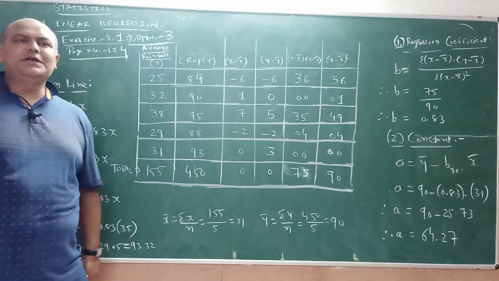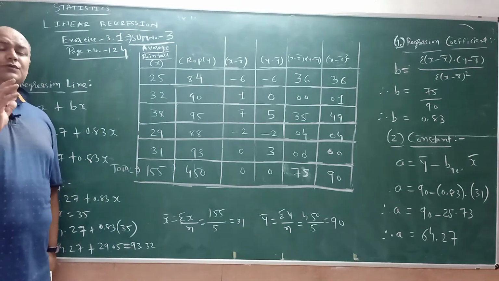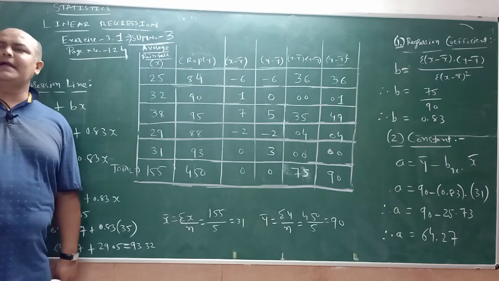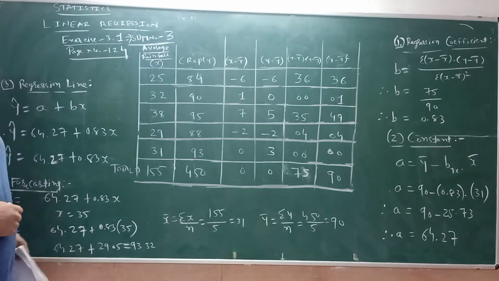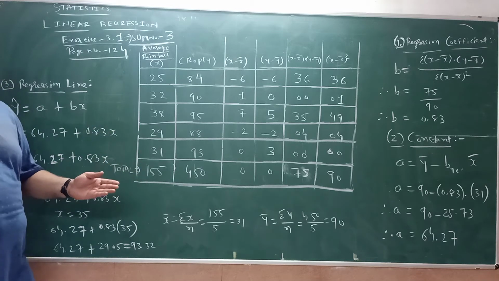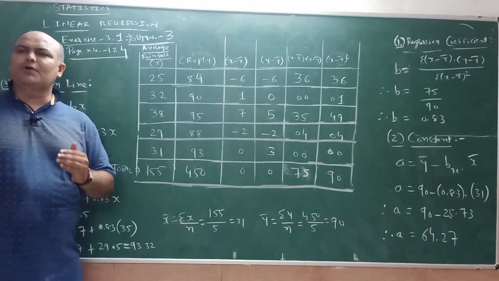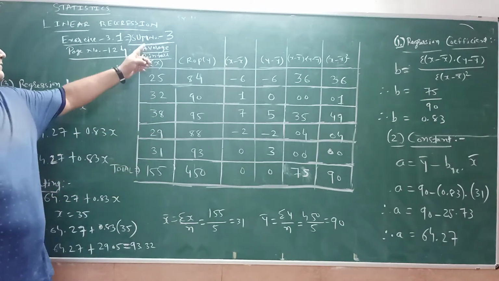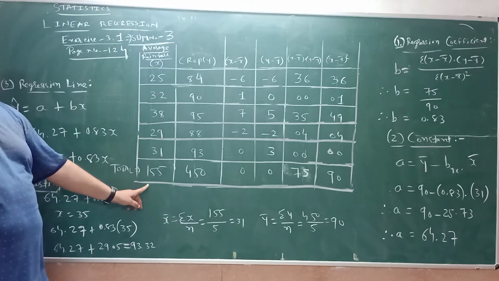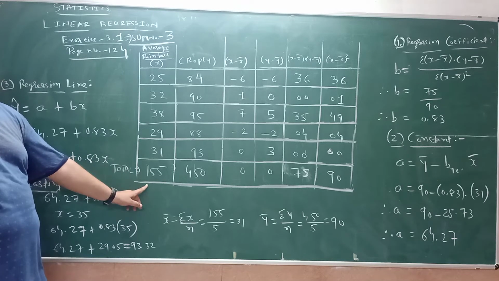Students, what do we have to do first? First of all, we have to find the value of x bar and y bar. The simple formula of x bar is sigma x upon n and y bar is sigma y upon n. For sigma x, we have to total the column of x, and that is 155.